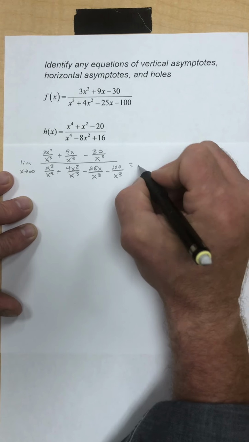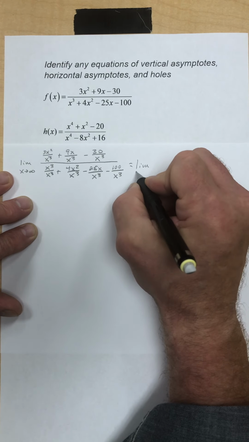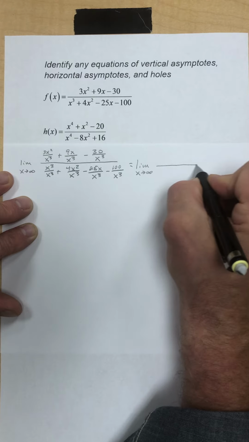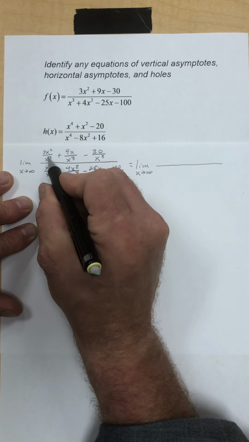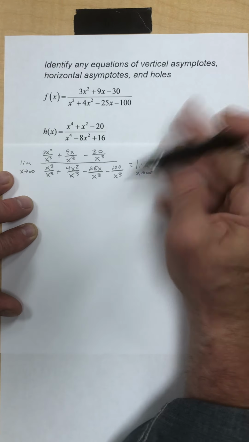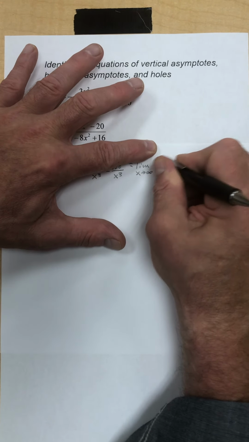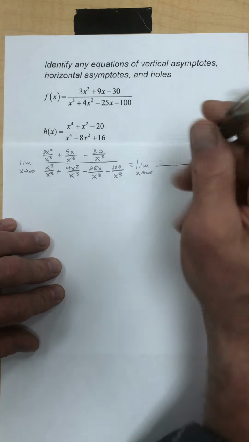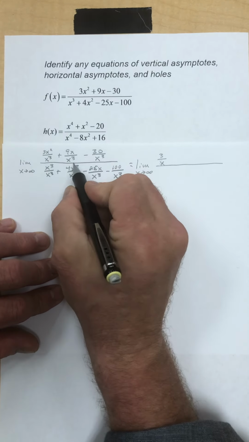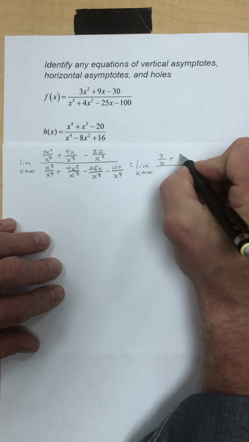And then let's simplify that. So we take the limit as x goes to infinity. Let's see, what am I going to get here? Oh, I'm sorry, that'll be 3 over x. My fault. Okay, this will be 9 over x squared.